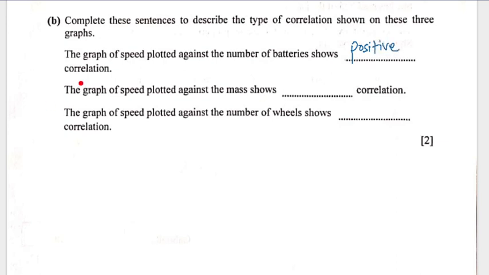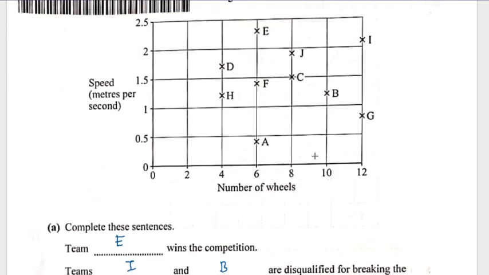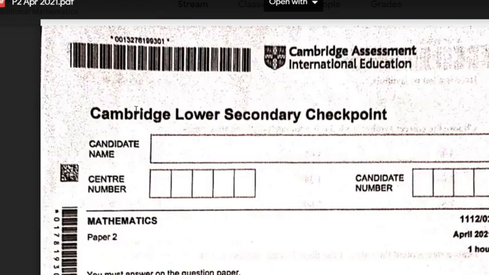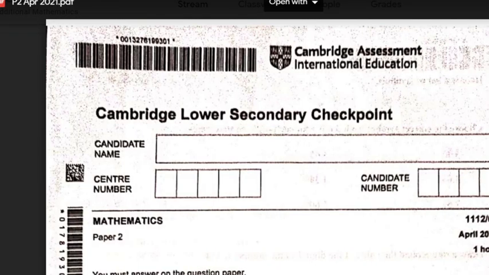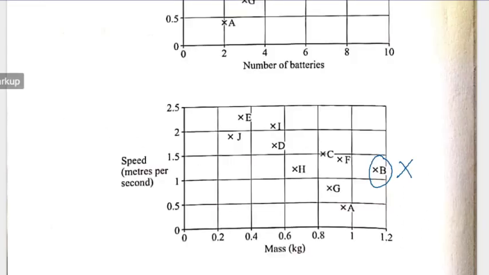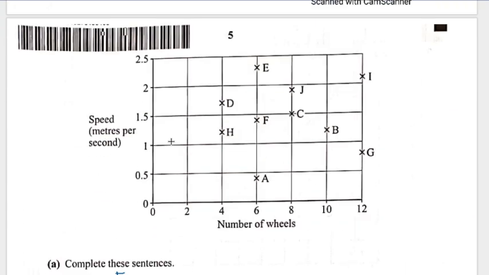Next one. The graph of speed plotted against the mass shows what type of correlation? Speed against mass. Where is it?